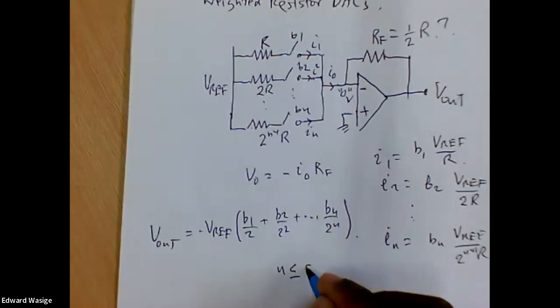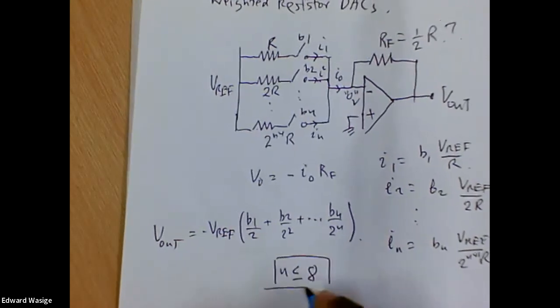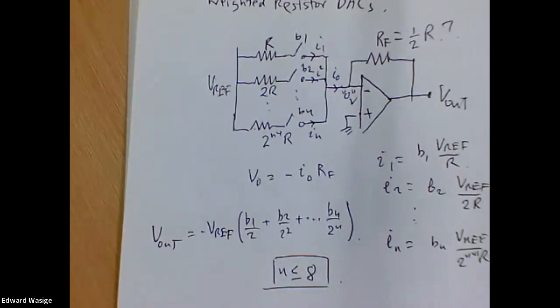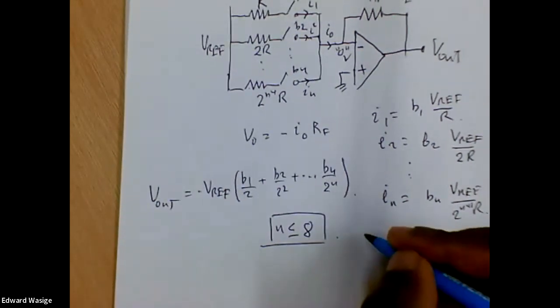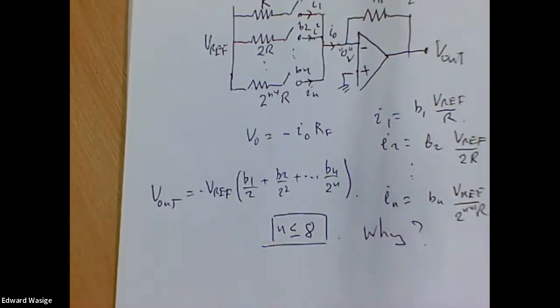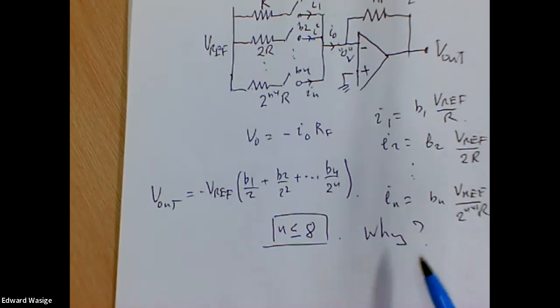In actual circuits, N is limited to 8 bits or less, and we haven't had a tutorial yet. We'll discuss that. I think I'll schedule a tutorial session before the end of this, probably in one of the lectures next week.